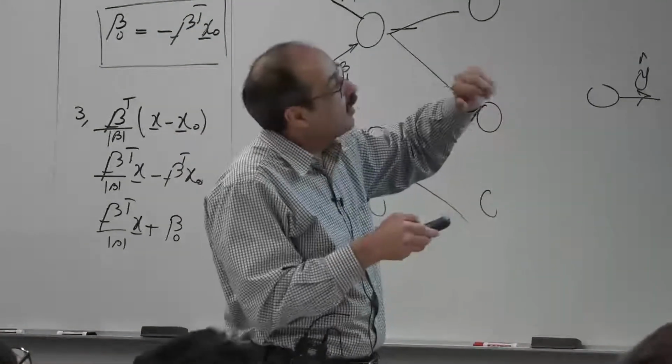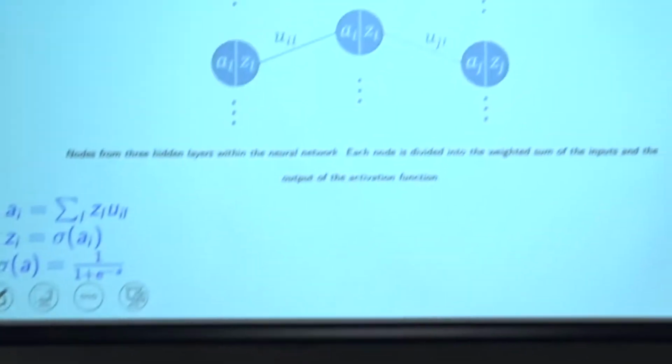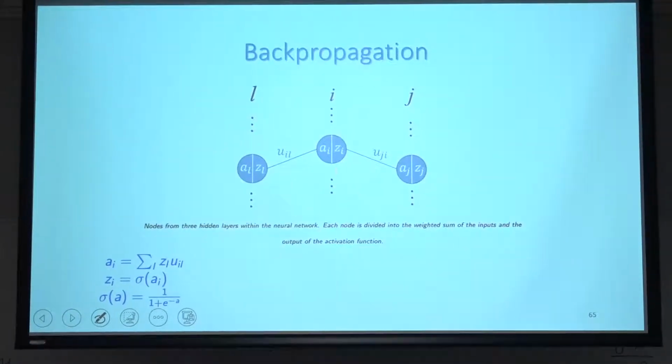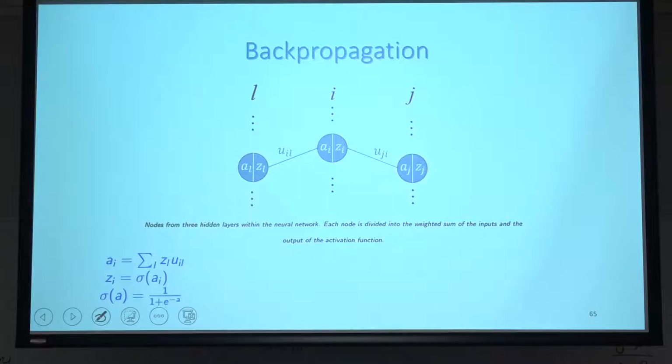This is just a snapshot of a neural network. So I have, for example, layer L, layer I, and layer J. In each of these layers, there are many perceptrons. Somewhere here I have the output, and somewhere here I have the input. I have chosen only 3 layers and 1 perceptron in each layer. I told you that each perceptron has 2 parts.